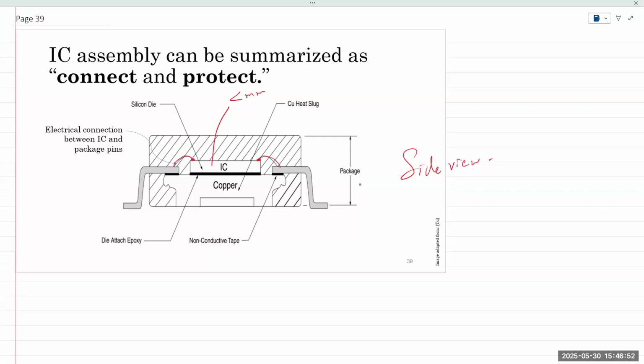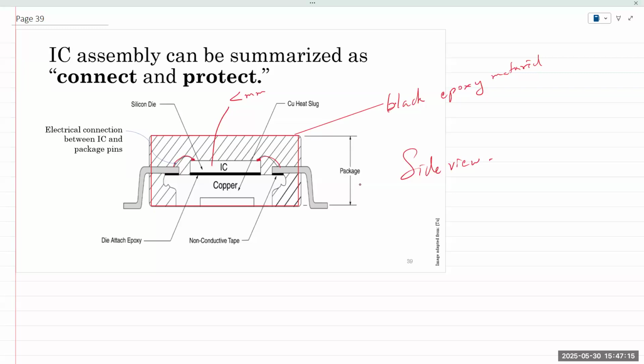And those pins are then encapsulated inside this epoxy material. I'm saying epoxy, but it could be any other material that could survive the environment.